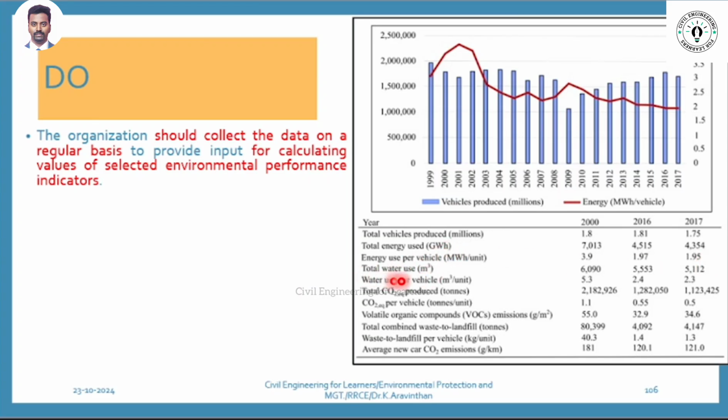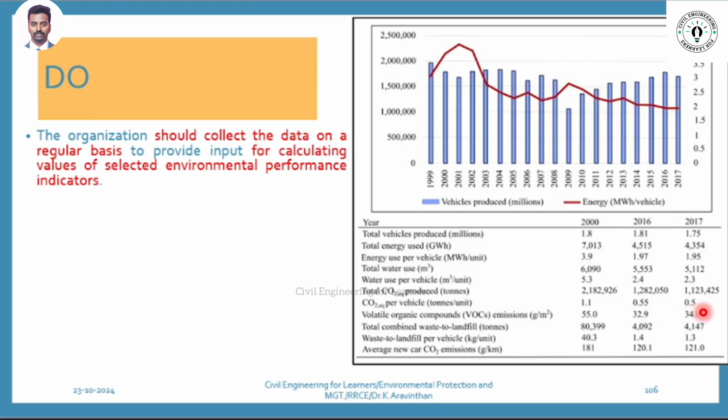Next one is total water consumed per car manufacturing, which is 5.3 meter cube of water. And how much CO2 is emitted, volatile organic compounds, CO2 per vehicle is 1.1 in the year 2000.